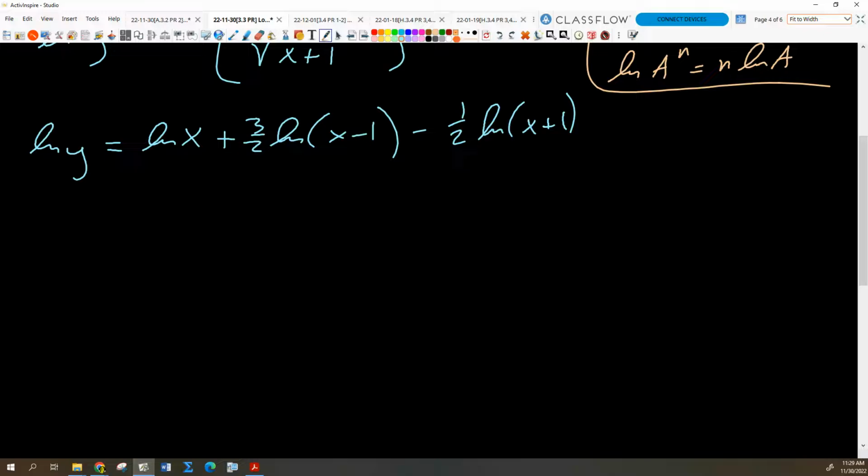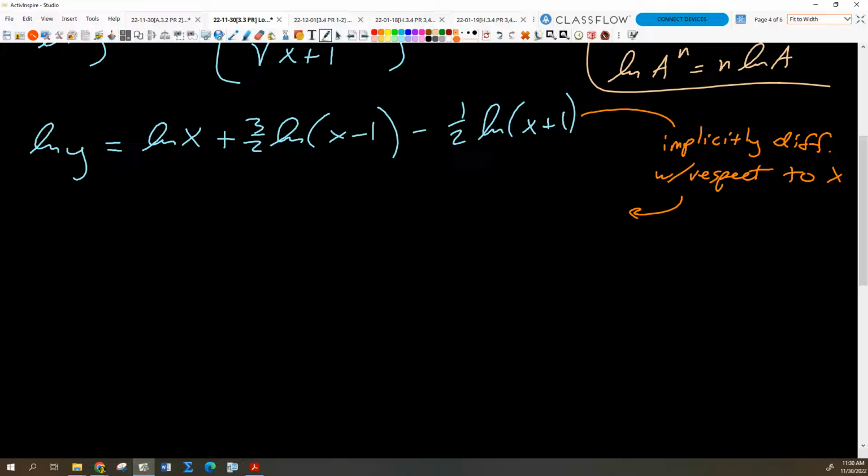Yeah, because we want y primes, which are dy dx's, right? Good. So that's how we would describe this step then. Implicitly differentiate. So in the first step, we expanded. We logged both sides. And now we're going to implicitly differentiate with respect to x.